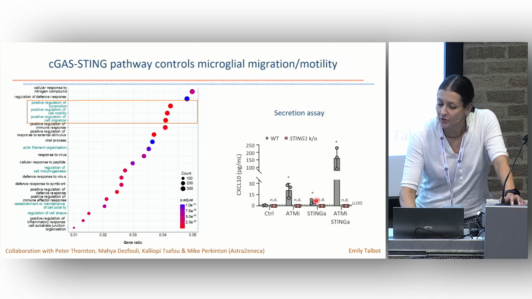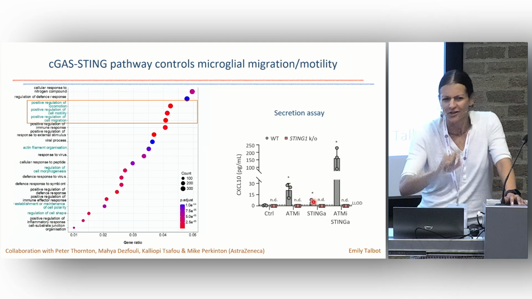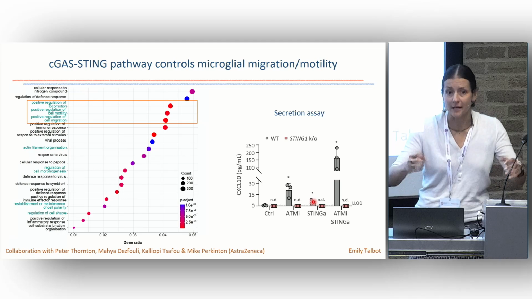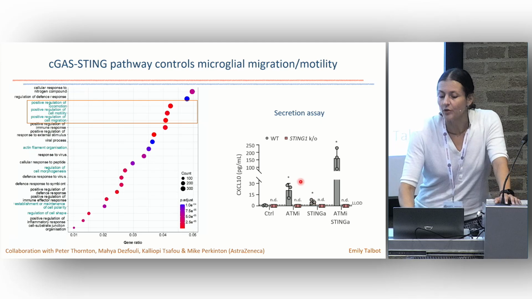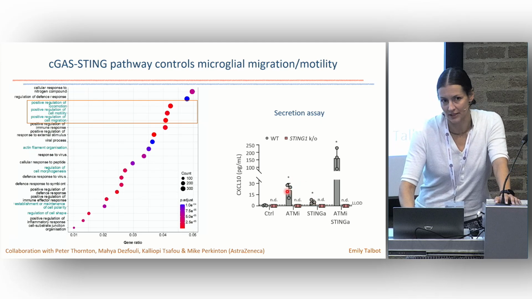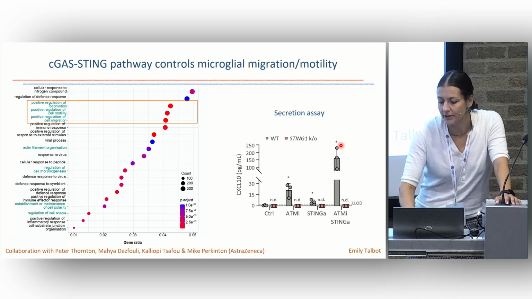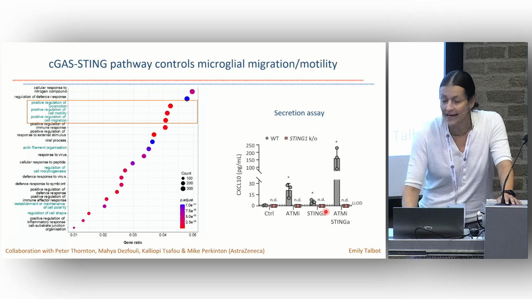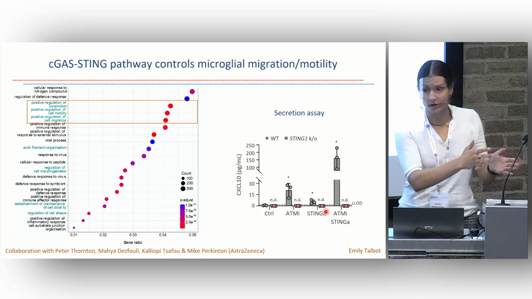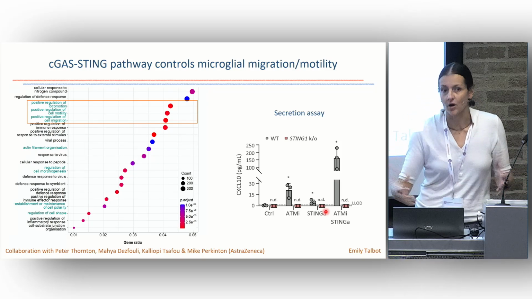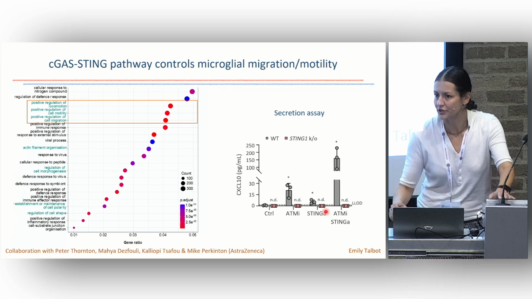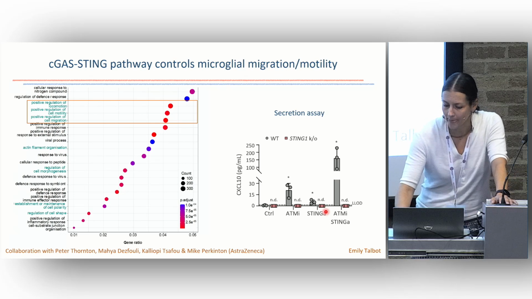We can stimulate the production of CXCL10 to a certain extent by treating cells with STING agonist, and then we can sensitize ATM-deficient cells to produce even more by this additional STING agonist treatment. In STING knockout microglia, this chemokine is not produced, and this is true for a great range of different chemokines, CCL and CXCL proteins that we looked at.